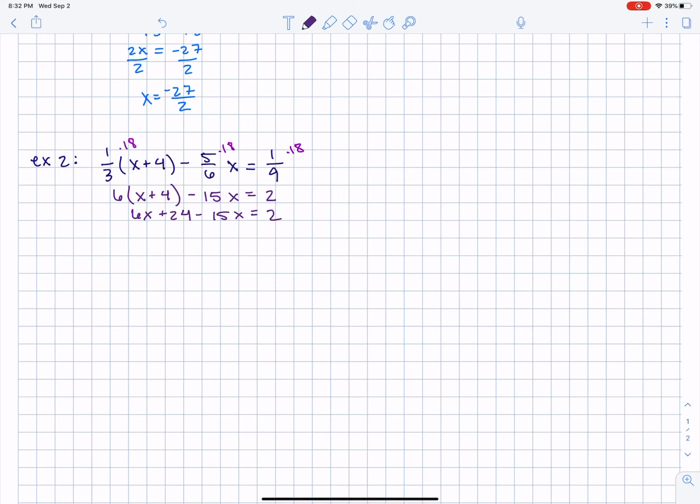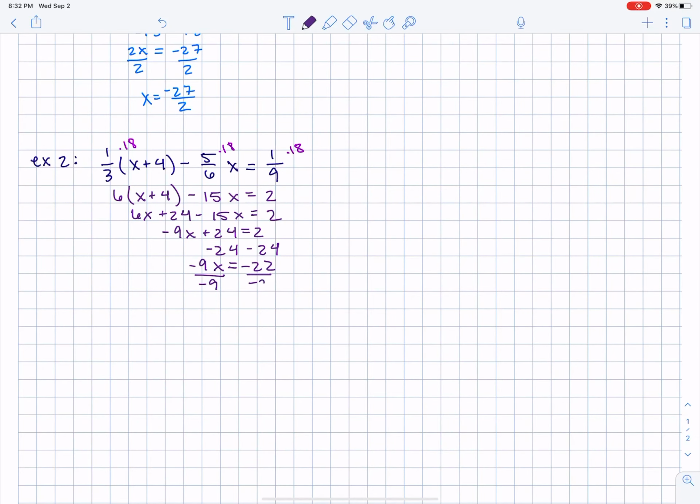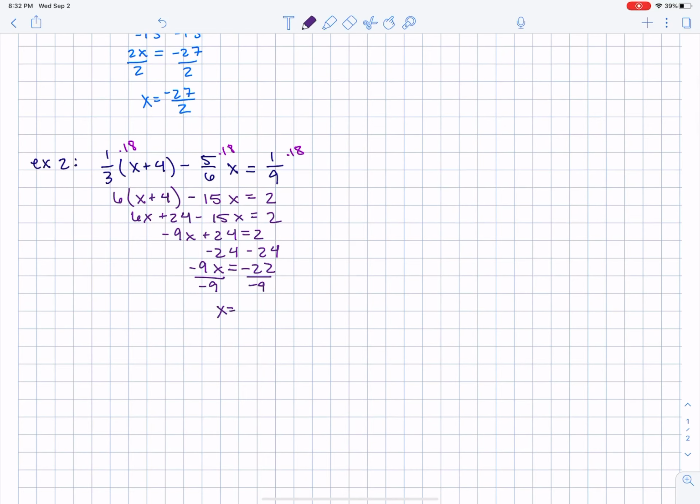And then we're going to combine like terms. Use those inverse operations, so take away 24 from both sides, left with negative 22, divide by a negative 9. Now you can't reduce, however, it absolutely turns to a positive on that one.